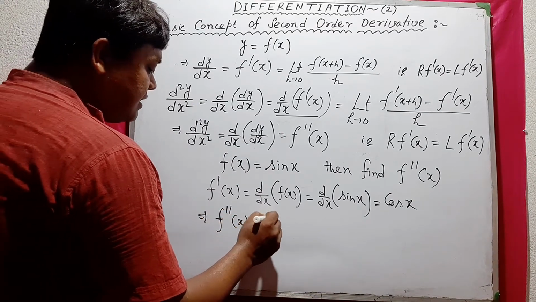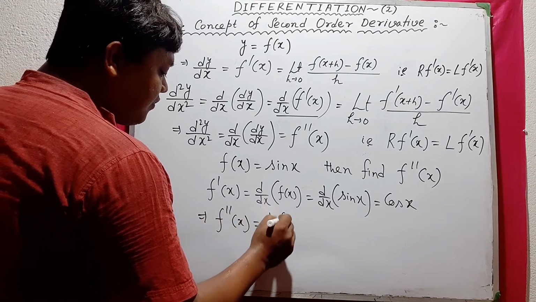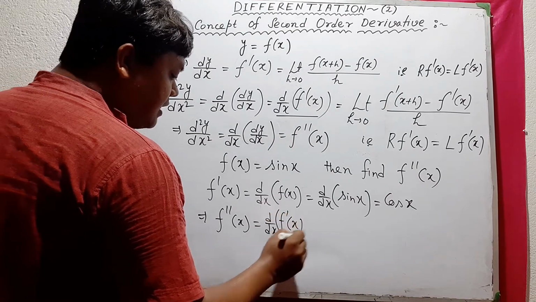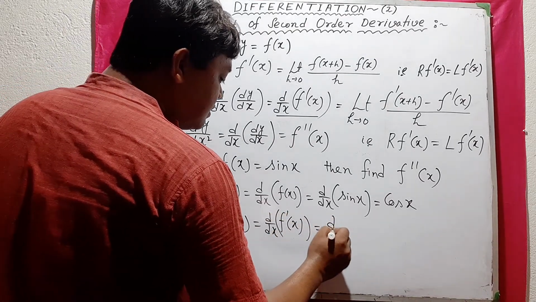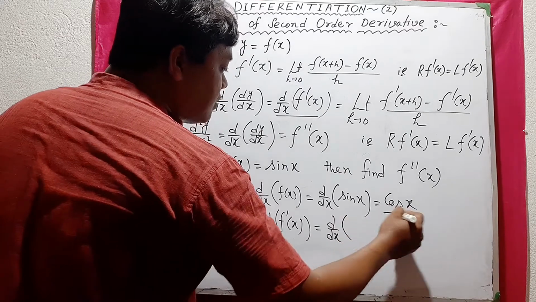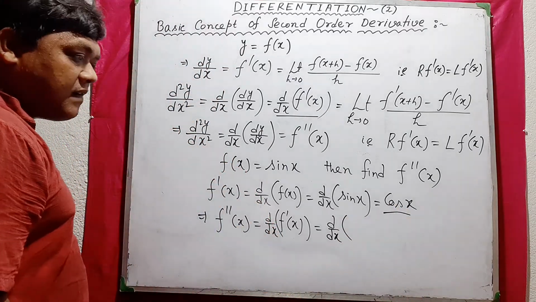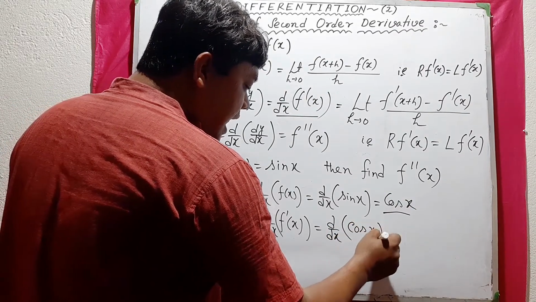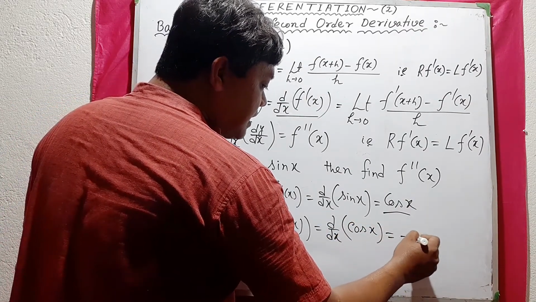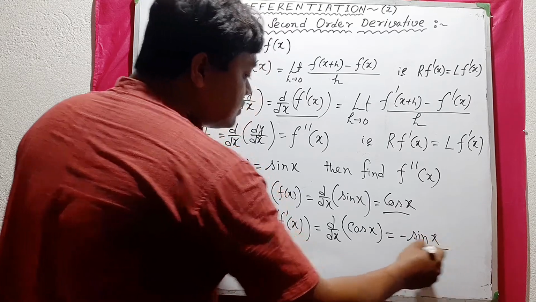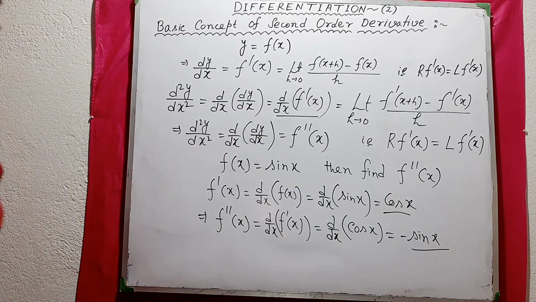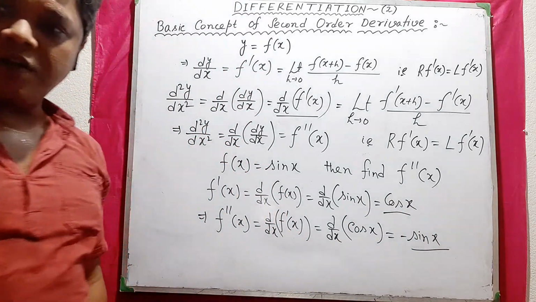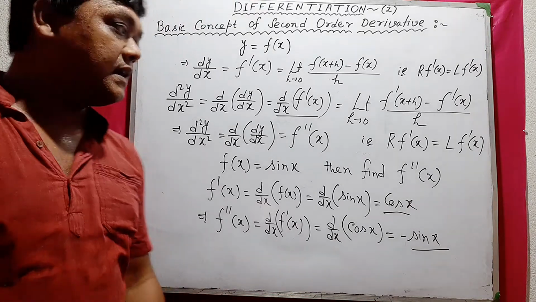That is d/dx of f dash x, and f dash x we have already calculated equals cos x. So we put cos x, and d/dx of cos x is minus sin x. So f(x) equals sin x, then f double dash x equals minus sin x.